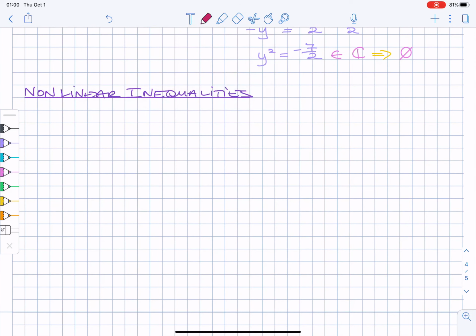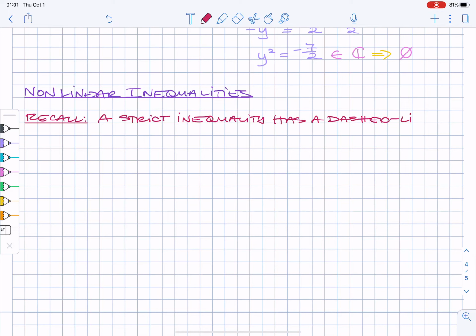Okay, so let's recall that a strict inequality has a dashed line graph.